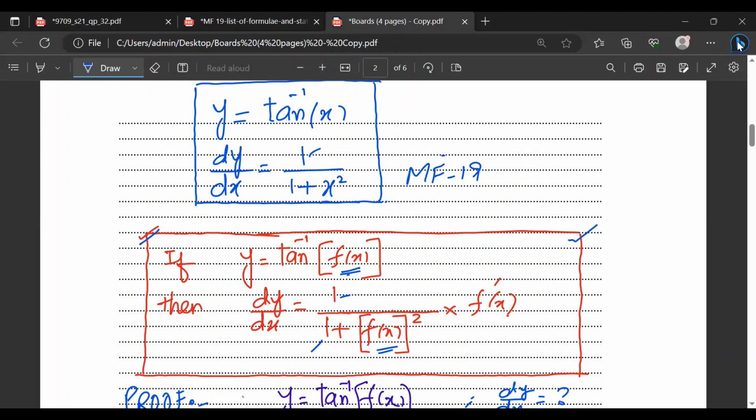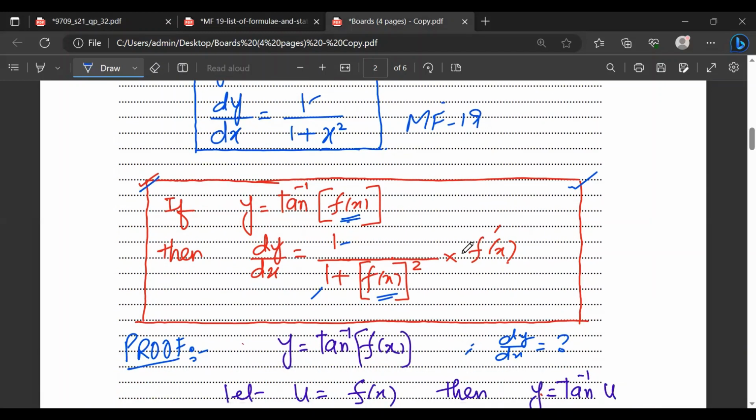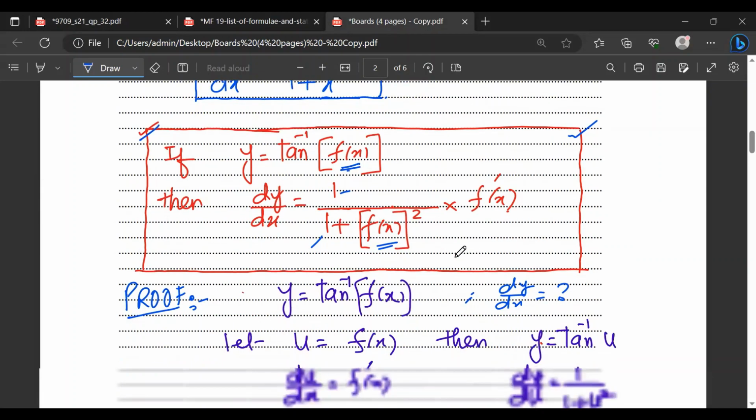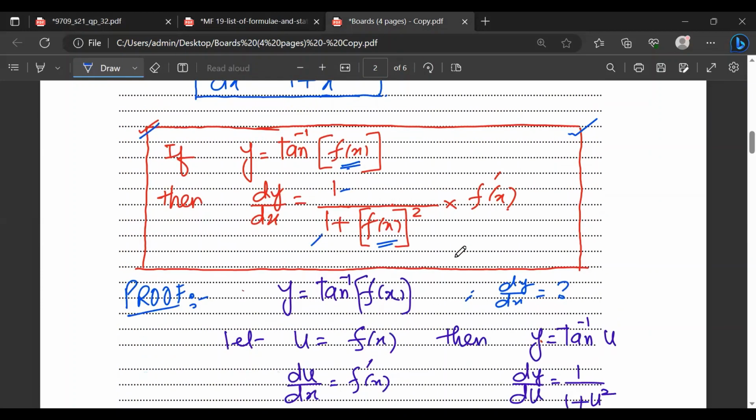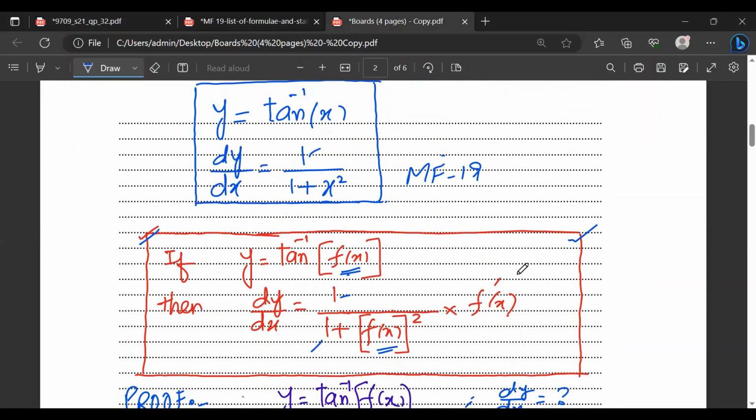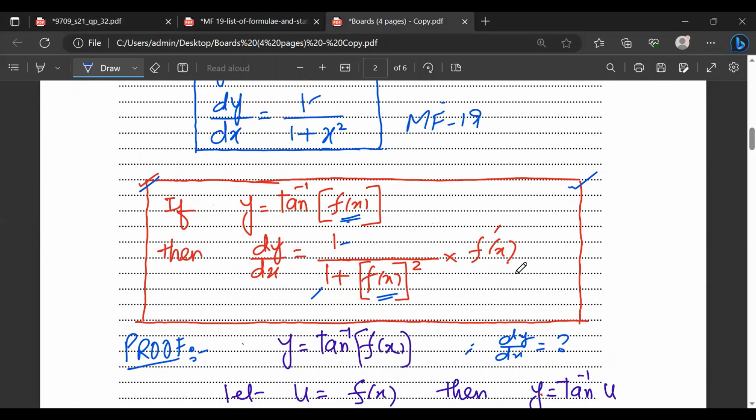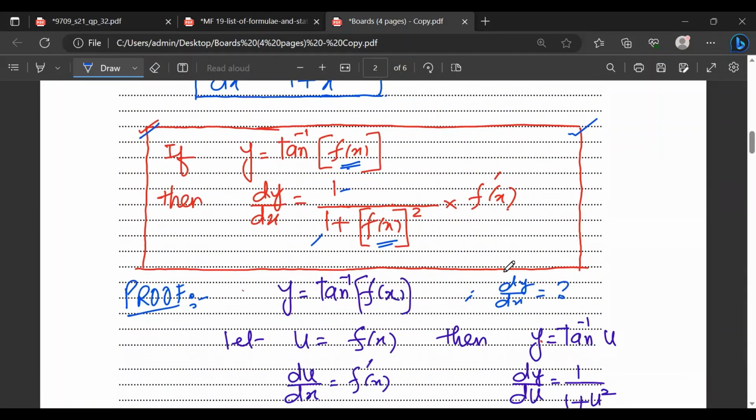So what is the reason for writing this form? What is the logic behind this? The proof is very, very simple. You can apply the chain rule for this proof. Here we have y equals tan inverse of f(x), and we want to find dy by dx for this tan inverse of a function. You don't need to show this working directly. You can write this formula. Let u equal f(x).